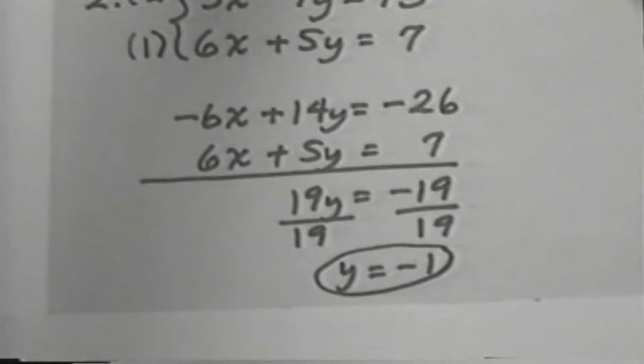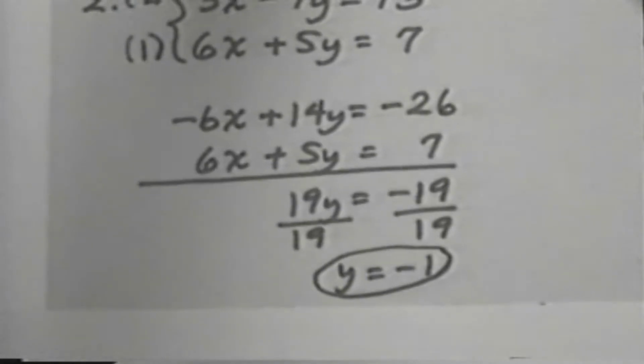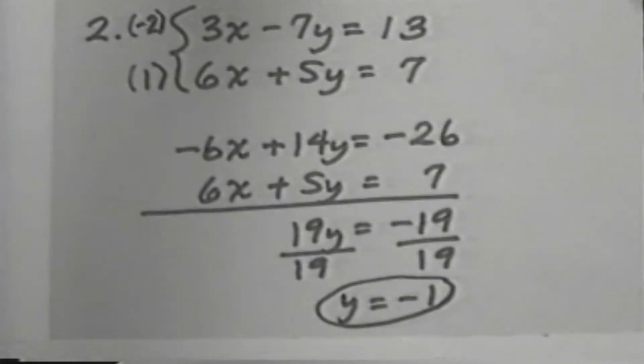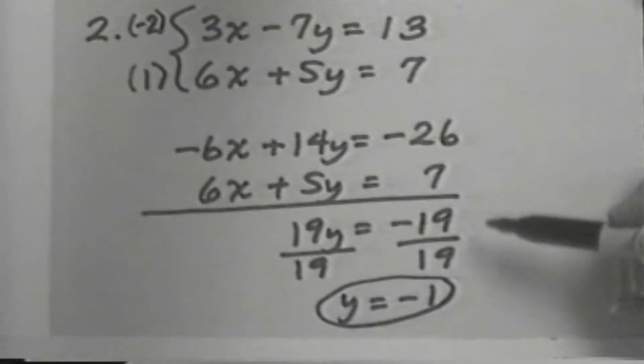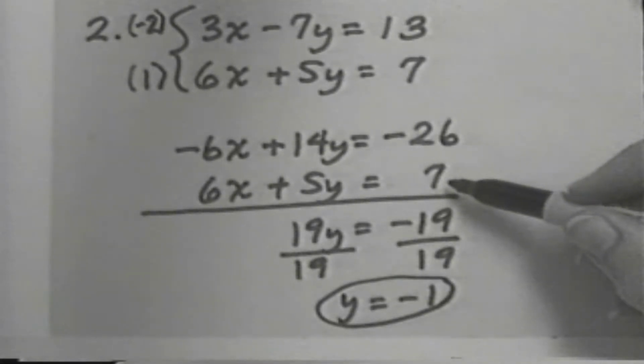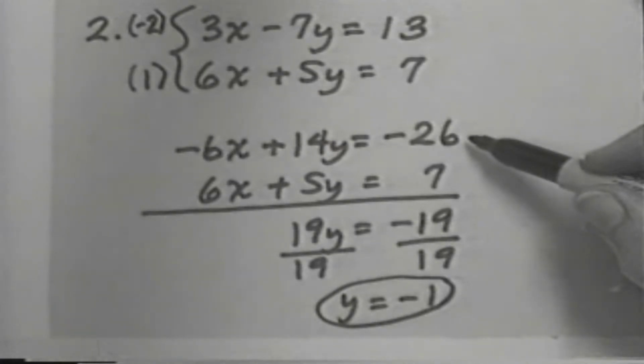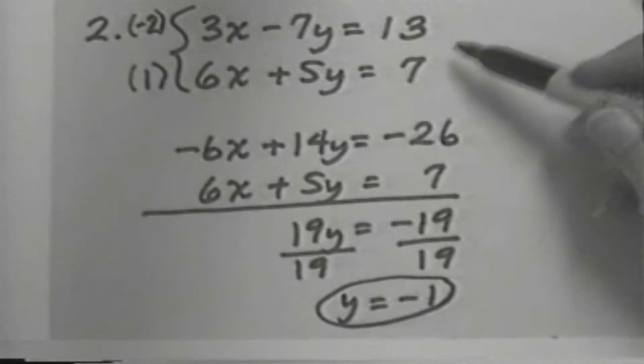Now we have found the y value, and I must go back to find the x value. For the x value, I can choose any of the equations for my back substitution that involves both x and y. Notice that we have 6x plus 5y equals 7, negative 6x plus 14y equals negative 26.